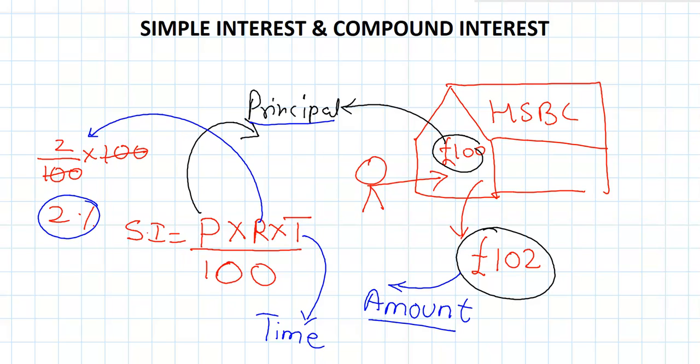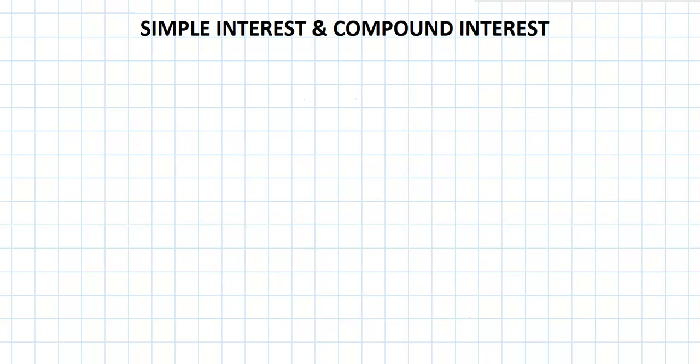Is that okay? So we have learned now SI stands for simple interest, and it is P times R times T divided by 100. Is that fine?